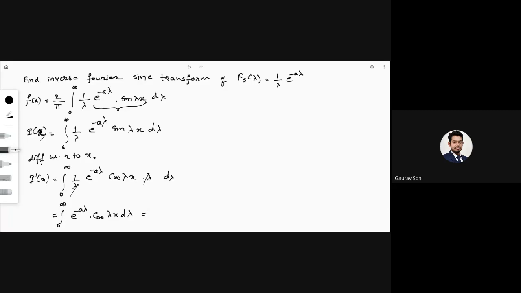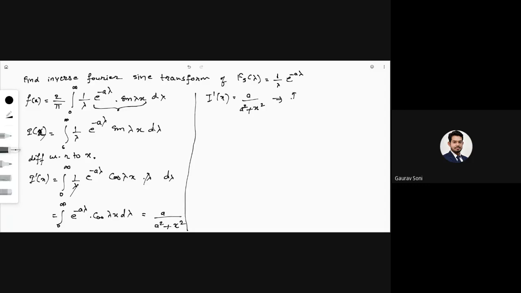So the integration of e to the power minus a lambda cos lambda x is a upon a square plus x square. So what do we have? I dash of x is equal to a upon a square plus x square.